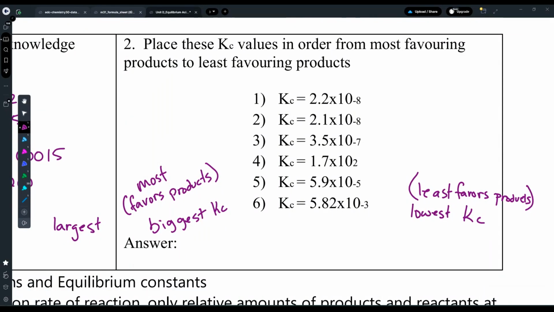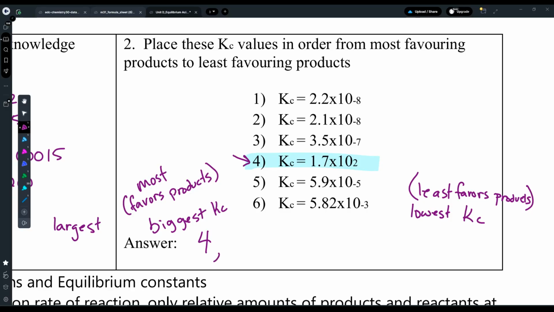All right, since we're looking for our biggest equilibrium constant, I'm going to start off by looking for my biggest exponent, and that looks to be this number, 1.7 times 10 to the power of positive 2. Just to save on space, our equilibrium constant for value number 4 goes first.